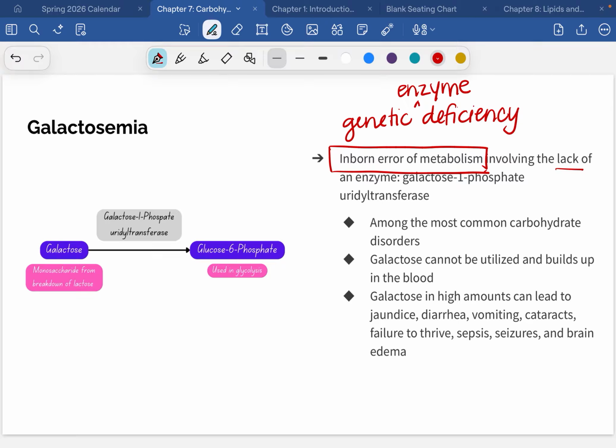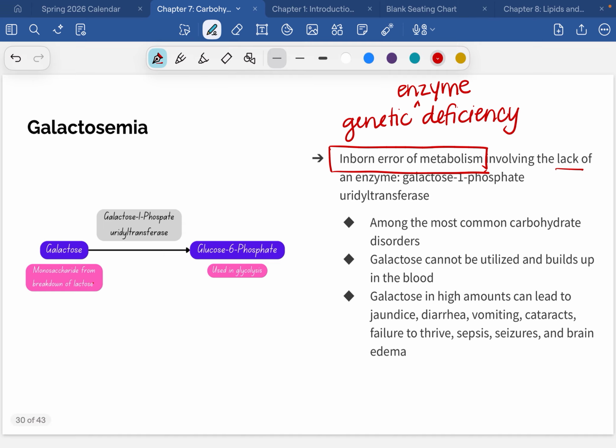You don't necessarily have to memorize that name, but you do have to know what process it is involved in. Galactose is a type of sugar.